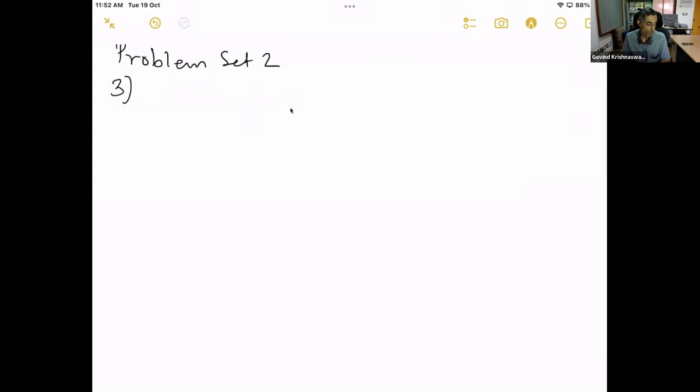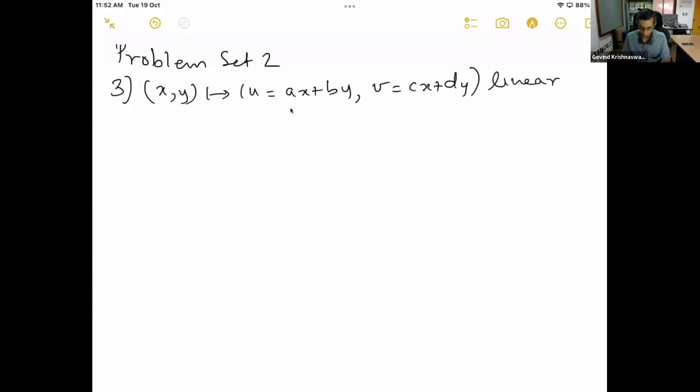Question number 3 concerned a linear change from Cartesian coordinates x and y to u, which is ax plus by, and v, which is cx plus dy. Okay, so this is called a linear change of variables or change of coordinates.